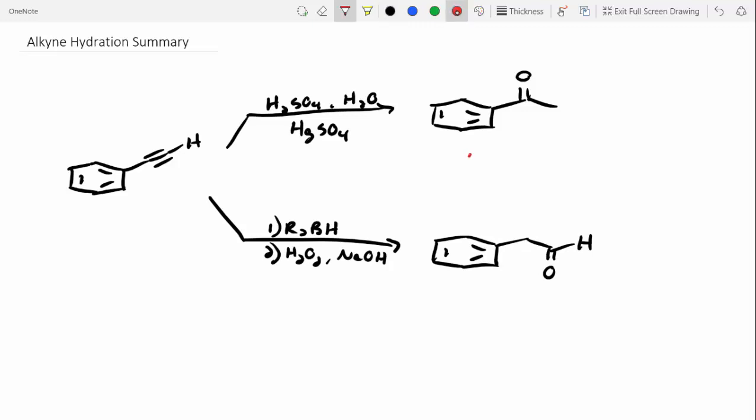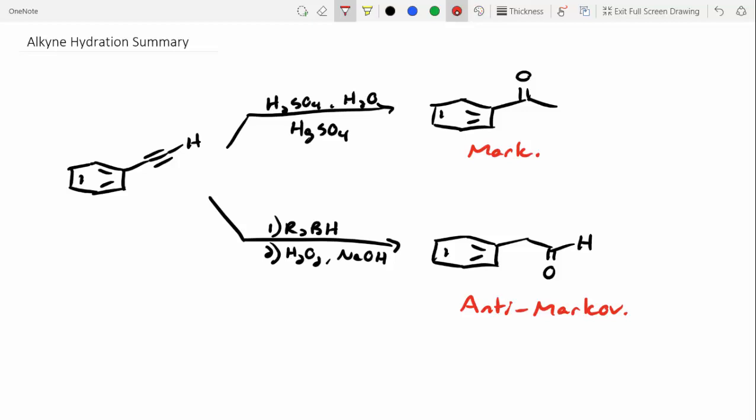The first one is similar to Markovnikov, and the second one is similar to anti-Markovnikov. So it looks pretty similar to the Alkene chapter, with the one caveat of that tautomerization step in between your enol and your ketone or aldehyde.